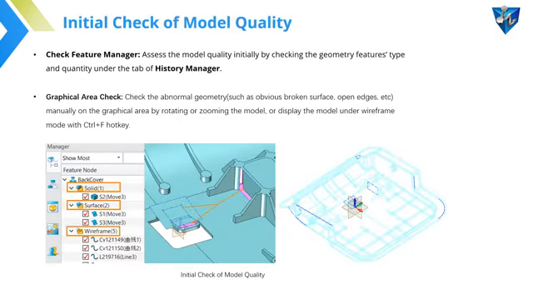Alright, let's go into the first step, initial check of model quality. In ZW3D, we can do the initial check of model quality through the below two ways. First is the feature manager check, where you can assess the model quality initially by checking the geometry feature types and quantity, as shown in the left picture below.